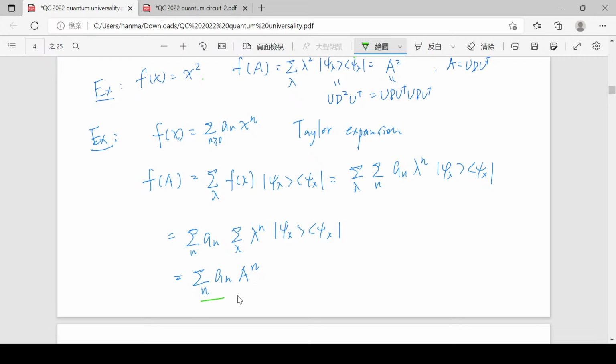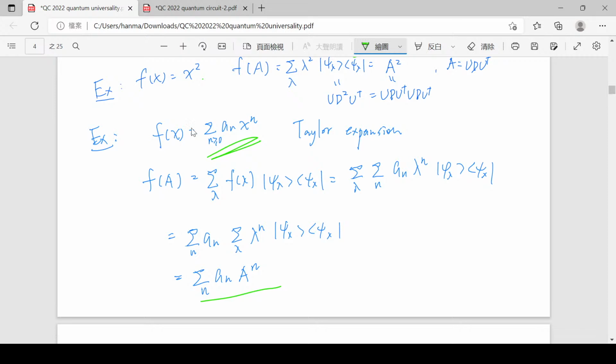And now look at this thing. This is very similar to this, right? So applying any function on your matrix A is the same as doing this Taylor expansion of your function f.